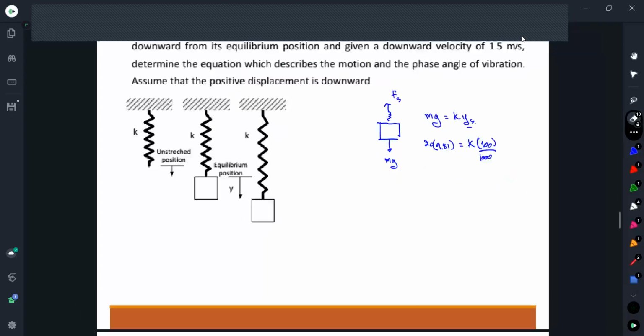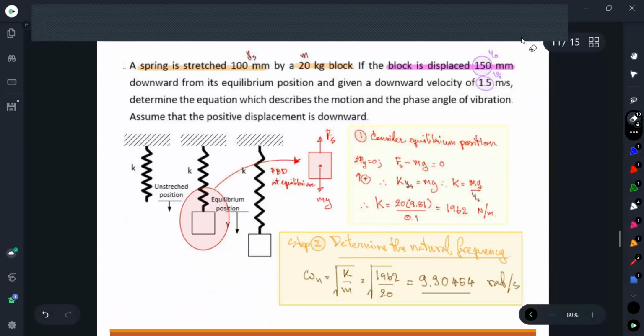According to this, we can find the spring constant. We found that the spring constant is 1962 Newton per meter. And according to the spring constant, we can determine the natural frequency of this system.